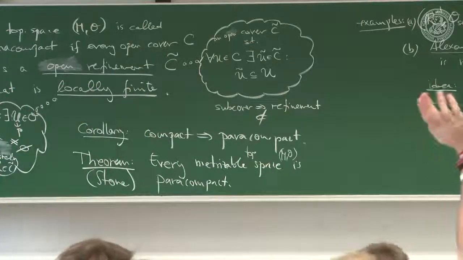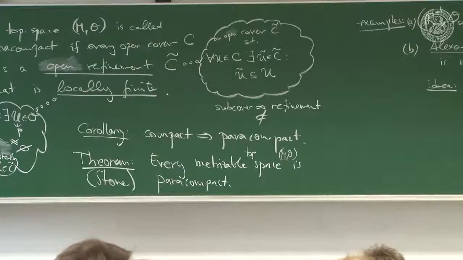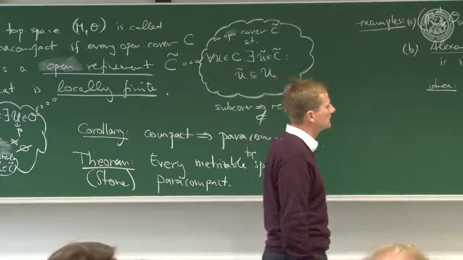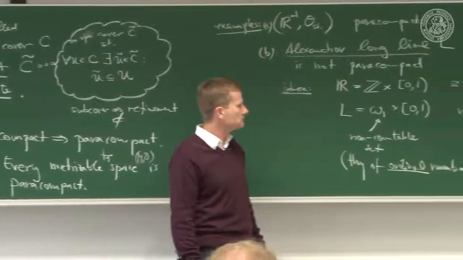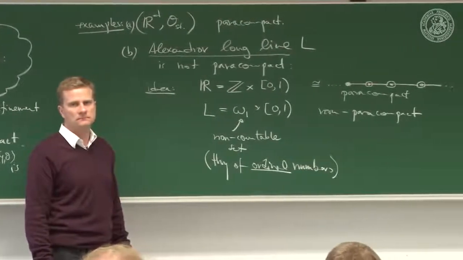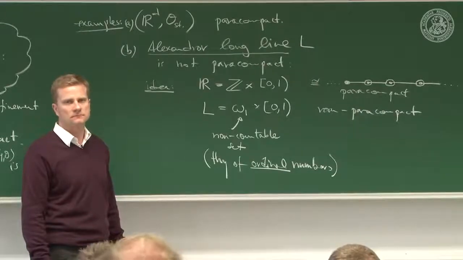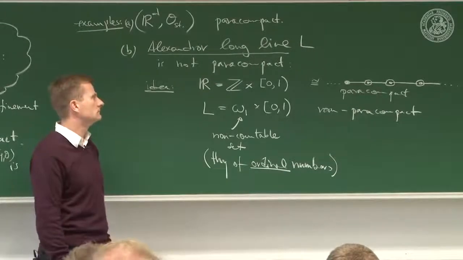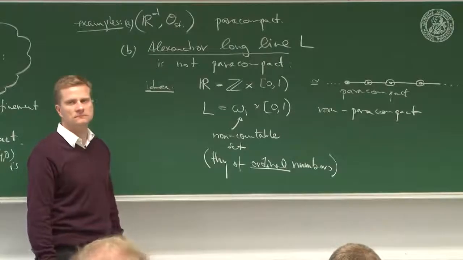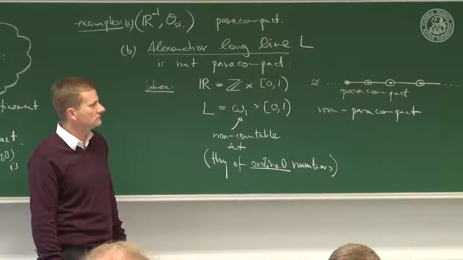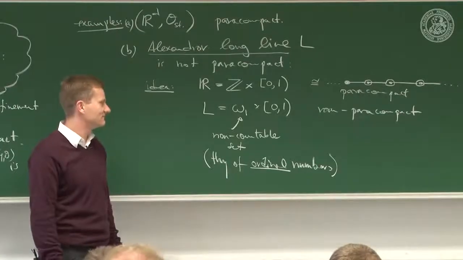Okay, good. Yeah? One question towards the Alexandrov long line. How can I really imagine that? Because you just said, for the real line, you can imagine stacking ruler on ruler, an infinite amount of rulers along the line. But how can I imagine this Alexandrov long line? Is it like a set of an infinite amount of points?